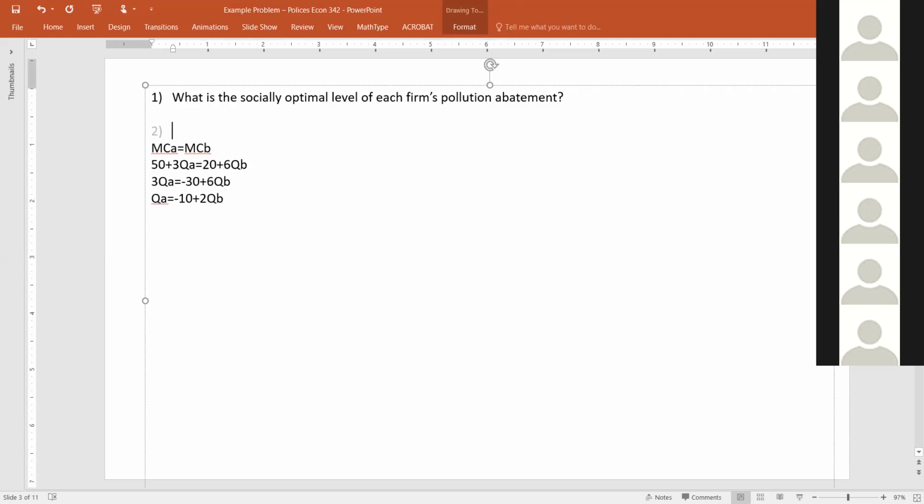So what we did was set the marginal cost of abatement for firm A equal to marginal cost for firm B. What is the next step?